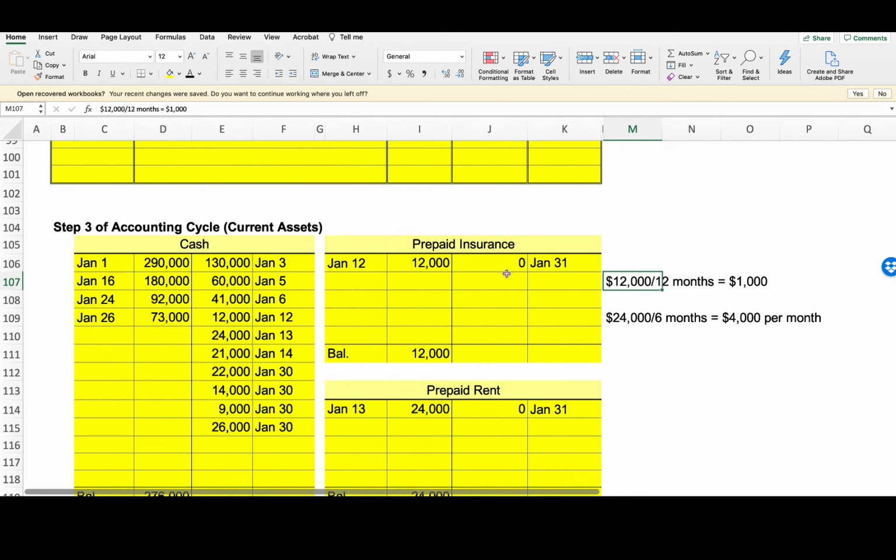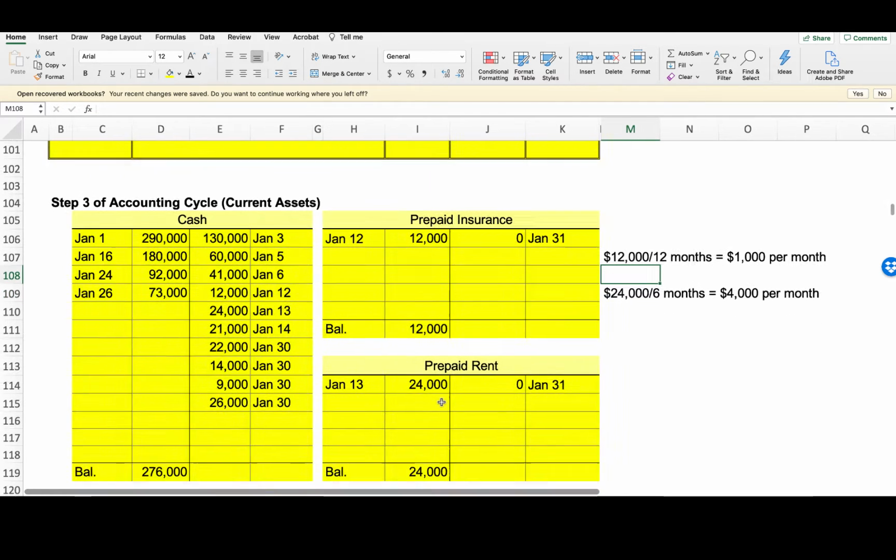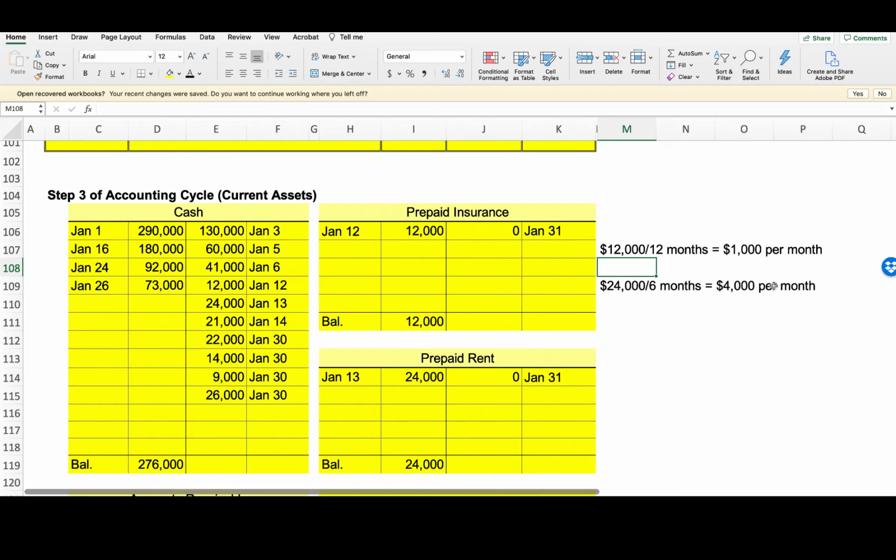And you'll see prepaid insurance is 12,000. So 12,000 divided by 12 months is 1,000 per month. And then 24,000, which is my prepaid rent, divided by 6 months is 4,000 per month. Okay, so what happens is prepaid insurance needs to come down by 1,000, so I'm going to credit prepaid insurance. I used up that insurance, so that's going to be insurance expense. Down here for rent, it's going to be the same thing.